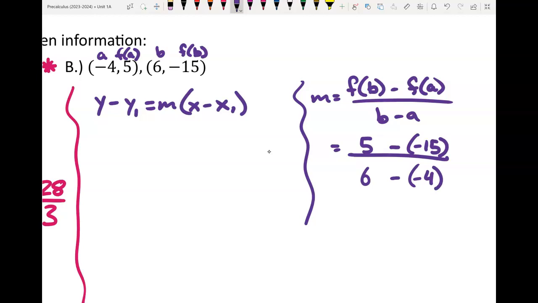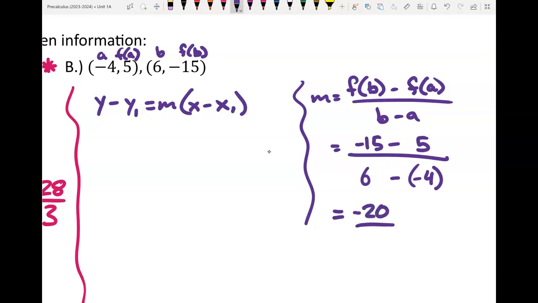Do 5 and 6 come from the same point? No. So these swap, right? Because that should be f of b. If you do 5 first, and you can, then these would have to be swapped here. So you'd have to go negative 4 minus 6. And that's fine. That would work. But let's go ahead and flip the top so that matches up with the denominator there. So negative 15 minus 5. All right, what's negative 15 minus 5, ladies and gentlemen?